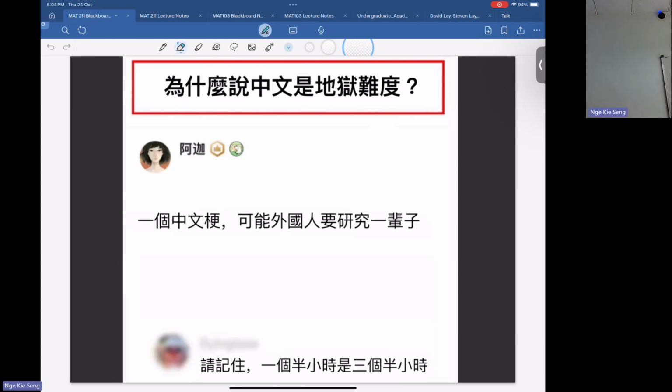Okay, let's start with this example. Why is this true? This implies what? One and a half hours is three and a half hours, and the half hour you read is different, right? What does this prove? Chinese is not associative.